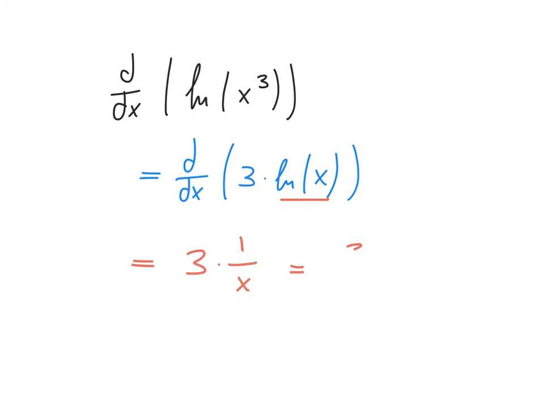So 3 over x. So this is a nice thing about applying the law of the logarithms here. And when you take the quiz, keep this trick in mind. Of course, next week we learn the chain rule, and then you could also differentiate this function using the chain rule. And again, there's a nice test to see that you understood everything, that you get the same result.